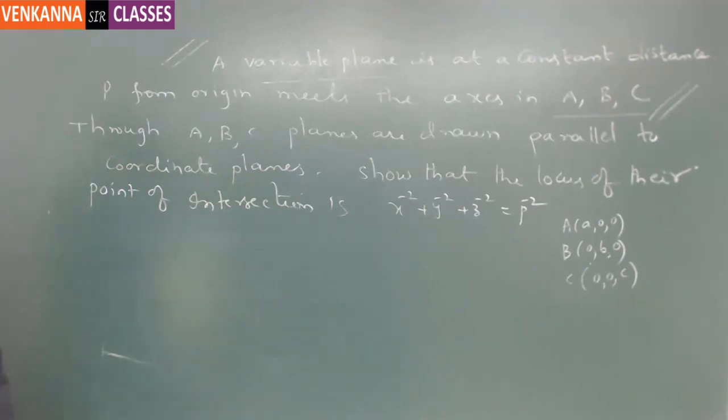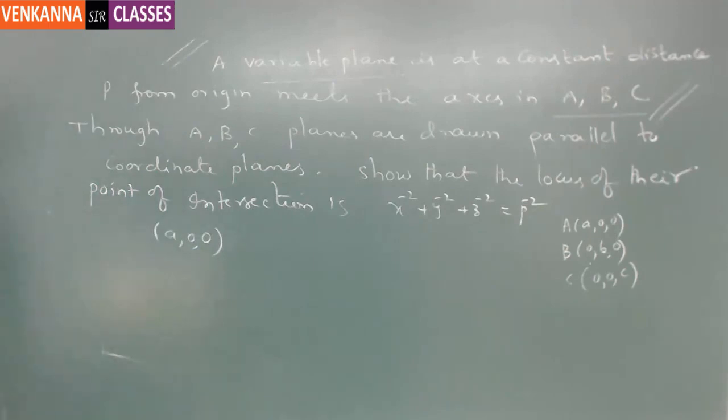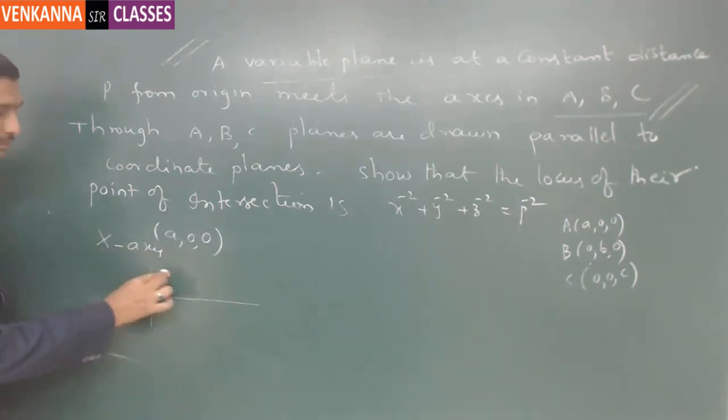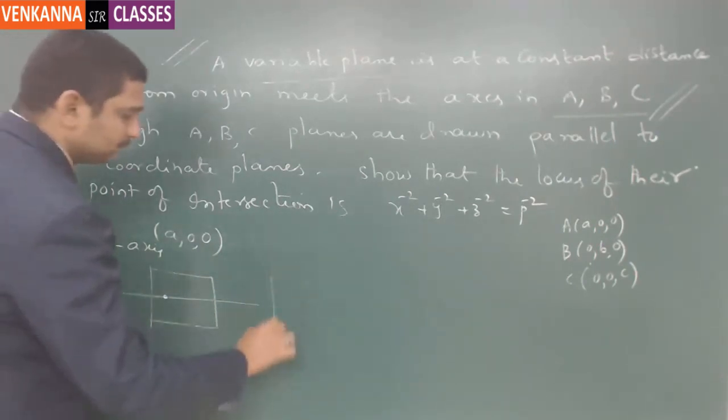So let us take the first point A (a, 0, 0). Now this point lies on the x-axis, right? So just imagine this is a point on the x-axis, and I have considered a plane passing through it. And this plane is parallel to one of the other planes.